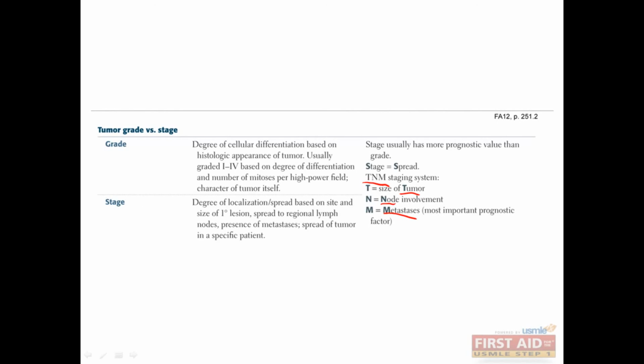Stage is used to stratify patients based on prognosis, and also used to dictate different levels of treatment. Large tumors are worse than small, more lymph nodes are worse than a few, and metastasis is worse than localized disease. Let's just reiterate that one more time. Stage is macroscopic and used for prognosis, whereas grade is microscopic and not used for prognosis.